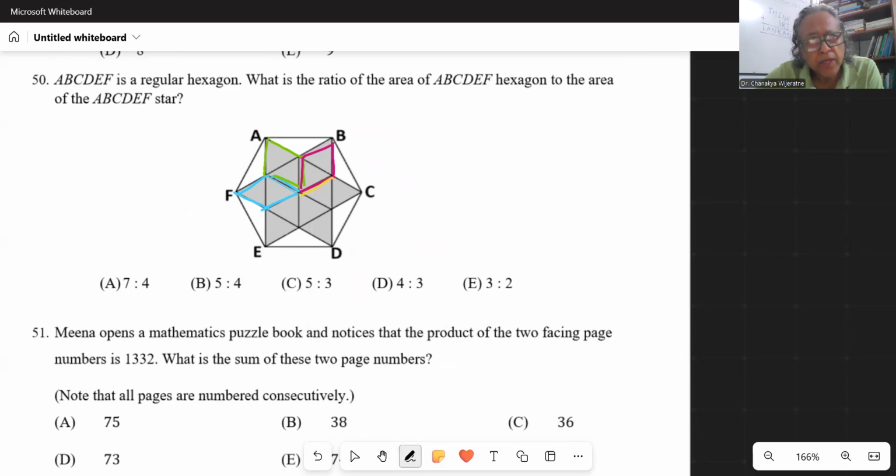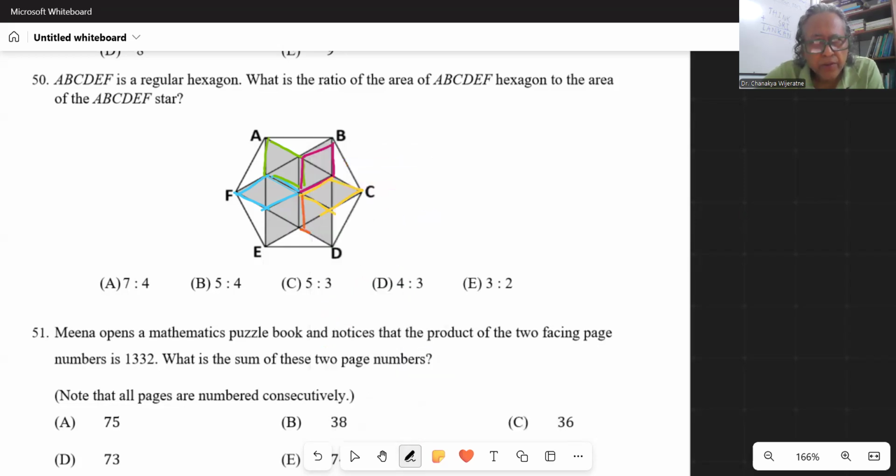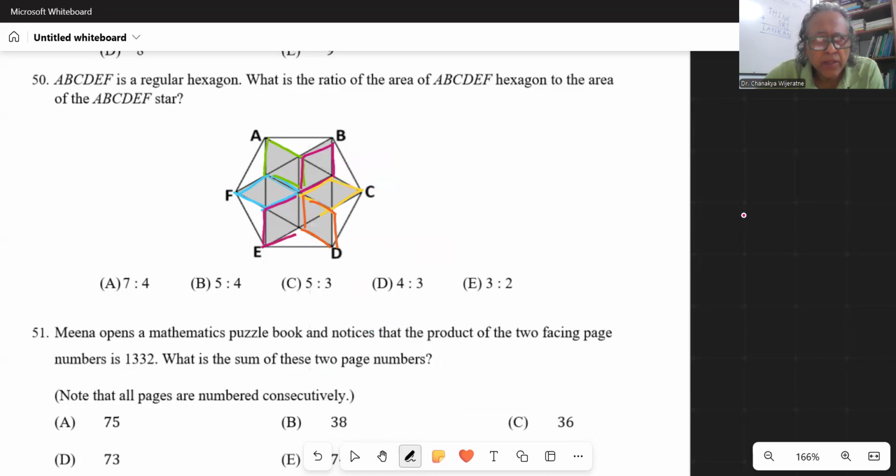So 1, 2, 3, and here's the 4th one, this is the 5th one, and this is the 6th one. You can see 6 rhombuses, and they are also congruent. Congruent, shape and size are the same. So the star is made of 6 congruent rhombuses, right?